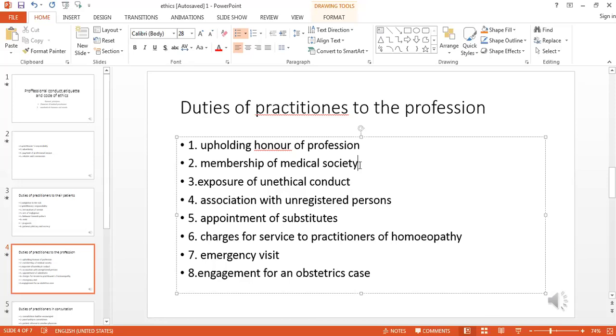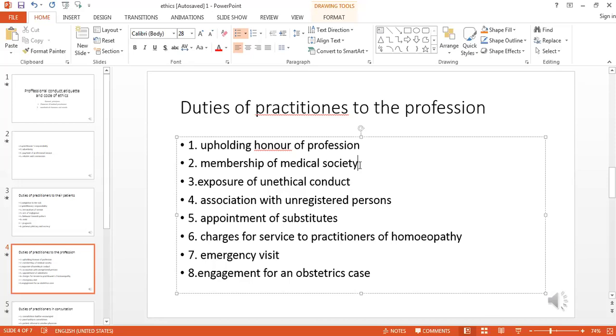So if you appoint someone as a substitute, he should not take money from the patient. Yes, if you have called your dentist there, then it's okay. But if you are not able to treat that patient, or you are out of station for some reason, then that substitute should not ask for money from that patient.